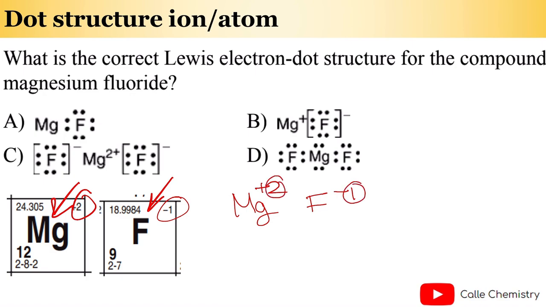Circle only the numbers, crisscross, bring them down. So we have Mg invisible 1, right? And then we have F2. So the formula for magnesium fluoride is MgF2.